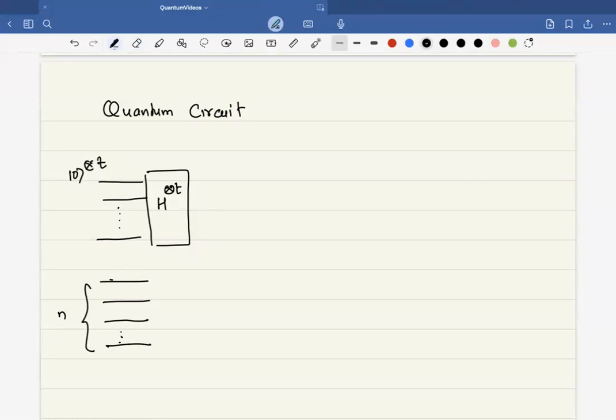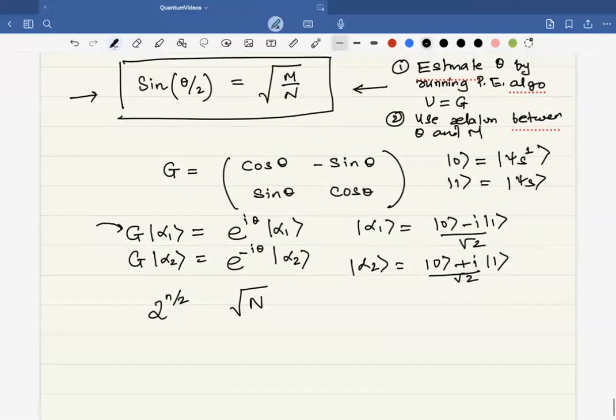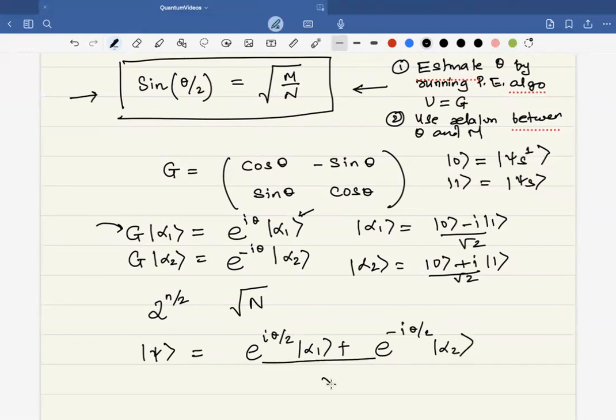And over here, what we are going to do is, instead of passing this eigenvector, ket alpha 1, we are going to use the relationship between psi and alpha 1 and alpha 2, which is e to the i theta over 2 alpha 1 plus e to the minus i theta over 2 alpha 2 over square root of 2.